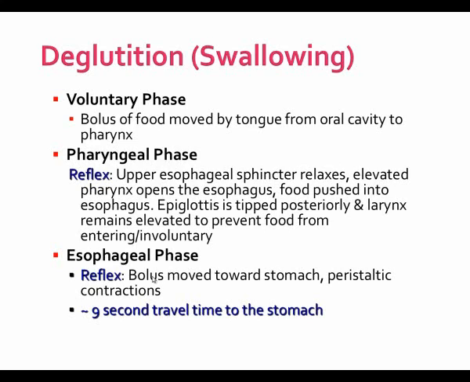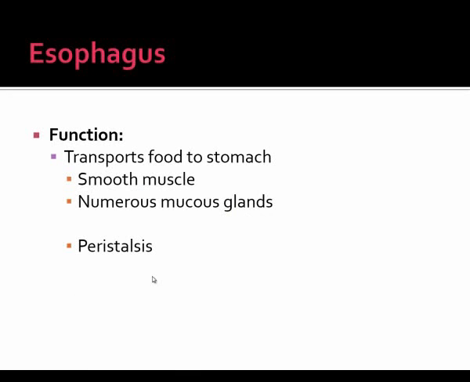Just some trivia: it takes about 9 seconds for actual food, a hard substance, to move to the stomach, and about 2 to 3 seconds for liquid. The esophagus's role is just to transport the bolus to the stomach. There are glands there that are constantly secreting, keeping it moistened, and again we talked about peristalsis and how that works.